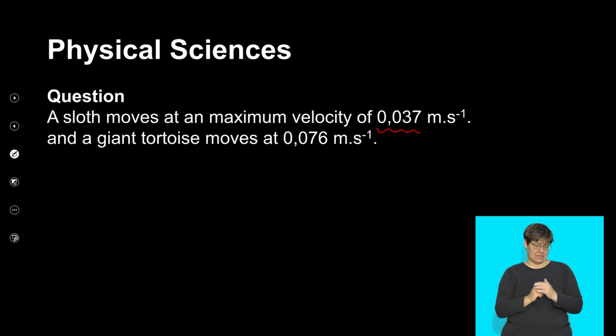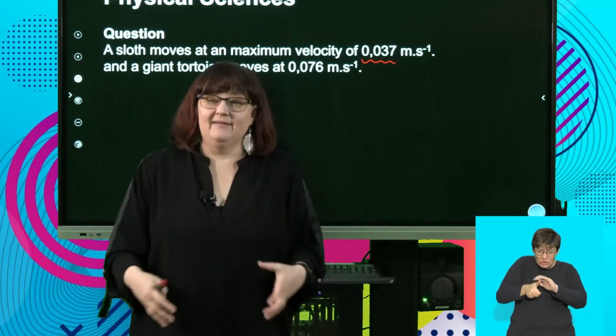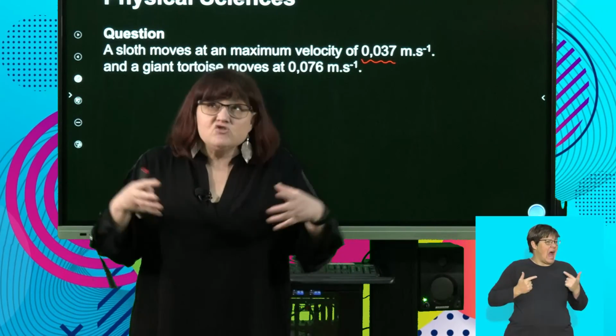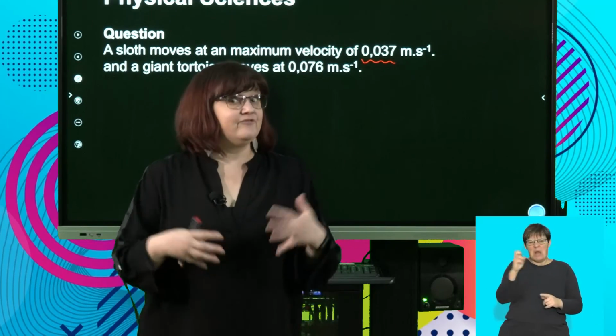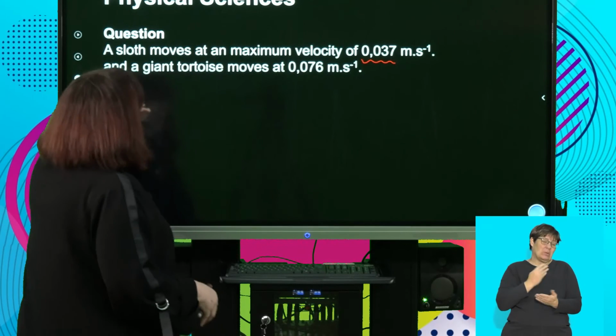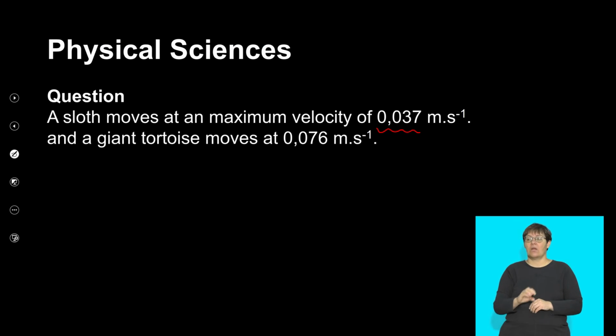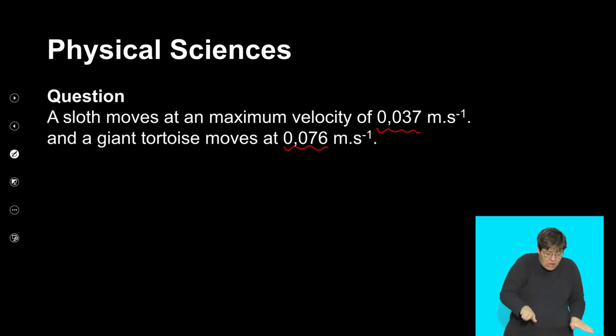A giant tortoise, now giant tortoises are those big tortoises, and they can live hundreds of years. They live for a very long time. It can move at 0.076, so it's actually faster than a sloth. So that's the information we're given.